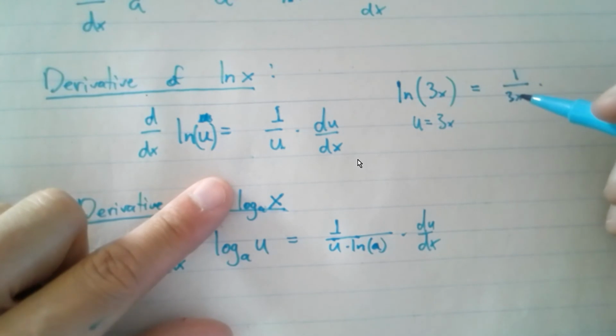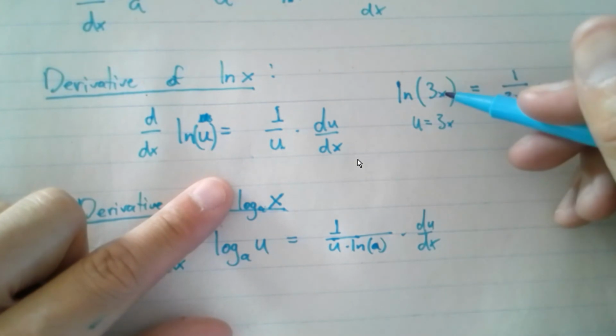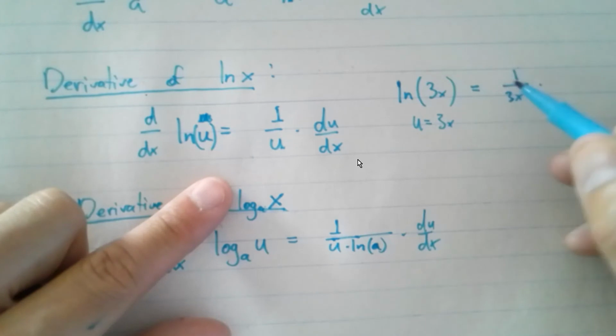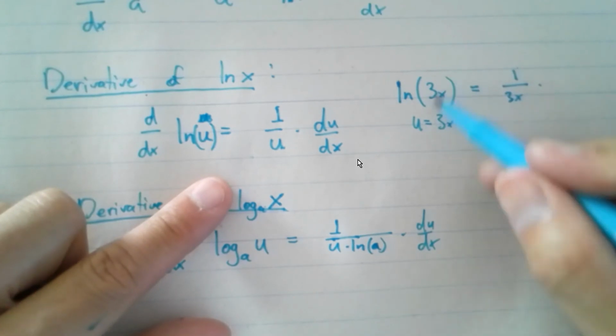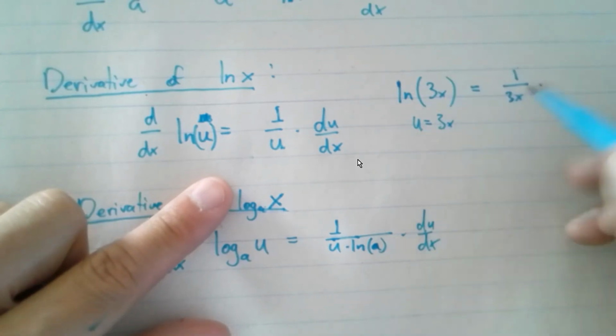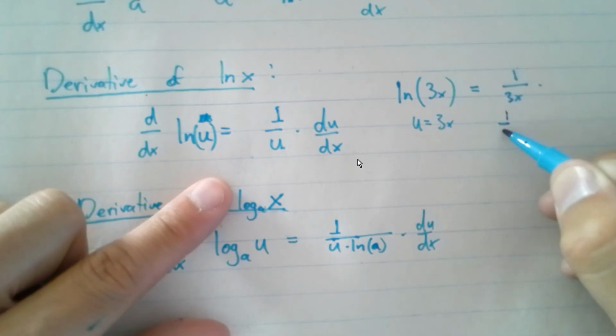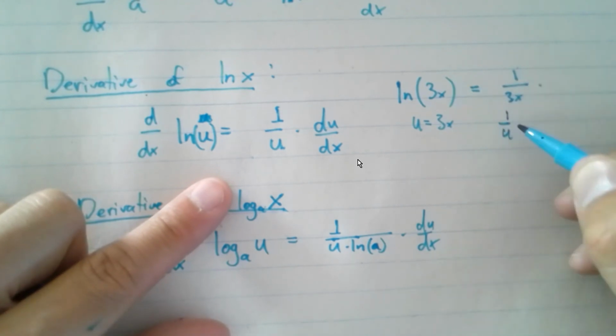Do you remember the chain rule here? Do you also think that you could take the derivative of just 3x by itself inside there? You can, outside-inside rule. So you first take the derivative of the outside, which is literally just 1 divided by whatever is in here. I called it u, so it's going to be 1 over u.